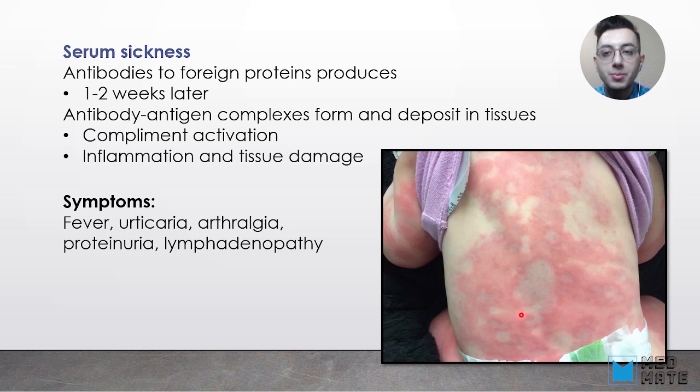This leads to complement activation, inflammation, and tissue damage. Since the complexes circulate in the body and deposit in different places, it manifests as a systemic disease with fever, urticaria, arthralgia, proteinuria, lymphadenopathy, and many other symptoms.